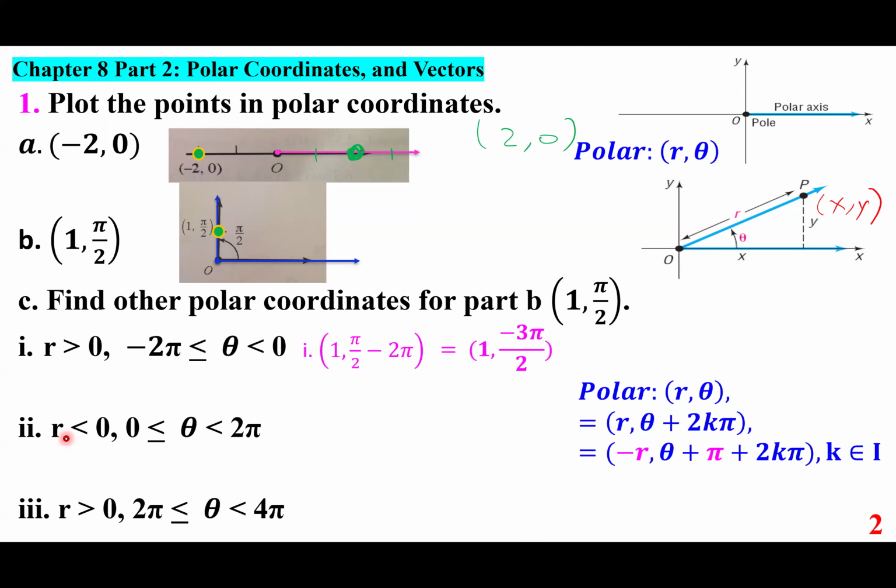You want r to be negative and theta between 0 and 2 pi. So if you want to negate the r, just add a pi to that. That gives you negative 1, 3 pi over 2. You want r to remain positive, but theta between 2 pi and 4 pi, just add 2 pi. And you get 1 comma 5 pi over 2. The purpose of that was to tell you that r comma theta is not unique. Okay, everybody?